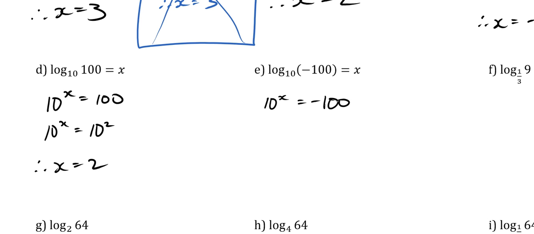How do I rewrite -100 as a power of 10? You can't. Negative 10 all squared is positive 100. So that's not possible. So this has no solution. So logarithms and negatives have a very tricky relationship.